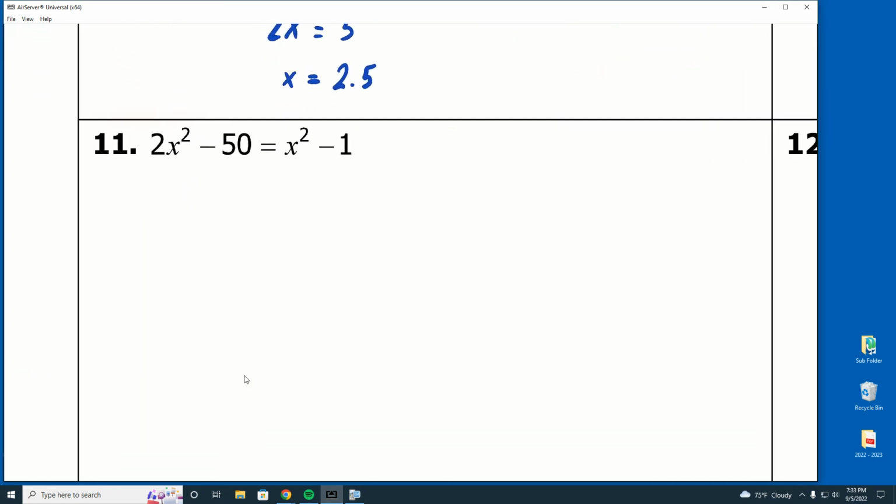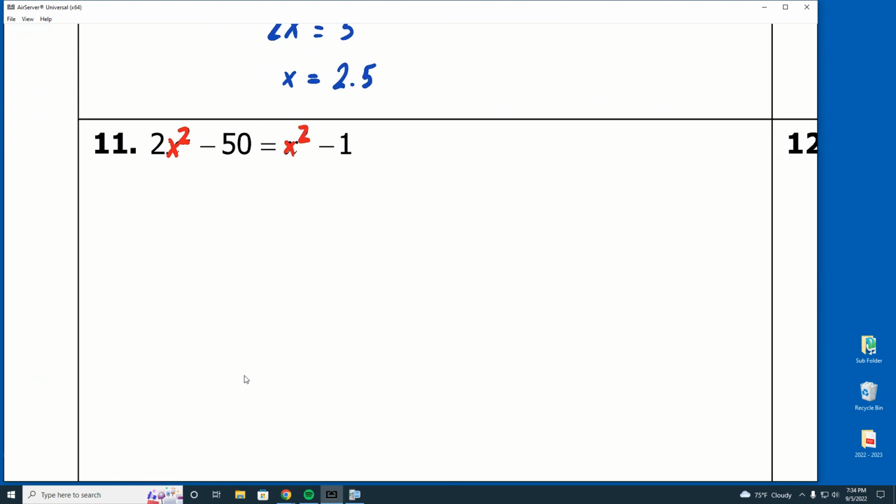Okay, let's look at number 11. Number 11 looks like it has a little bit more going on, but we just need to get everything on one side. Okay, remember, do not factor it, or even try to factor it until you've gotten everything on one side together. Well, I'm going to look at my biggest variable. My biggest variable with these problems is clearly x squared.